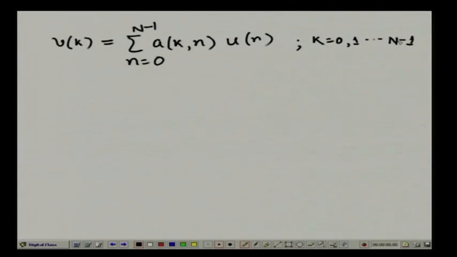So, I get all the N elements of the vector V(k).